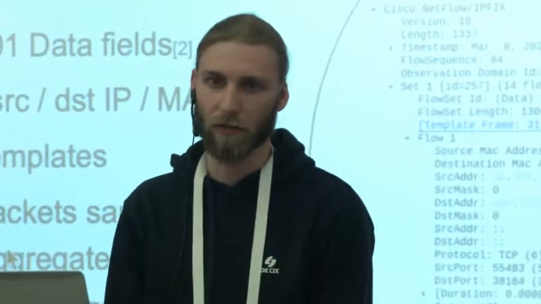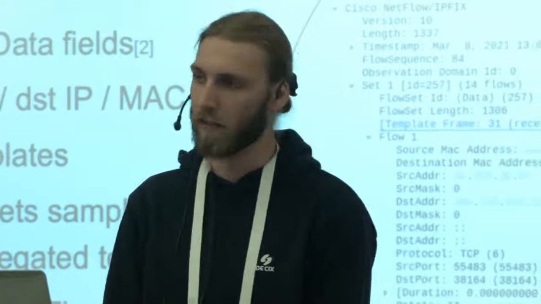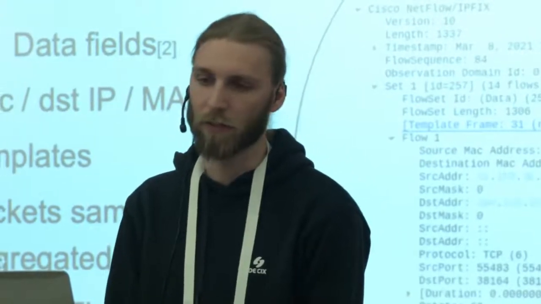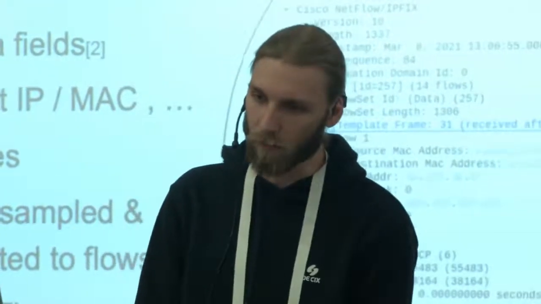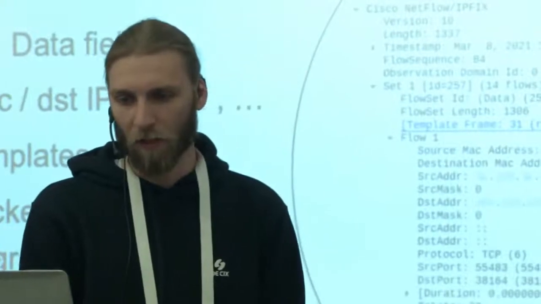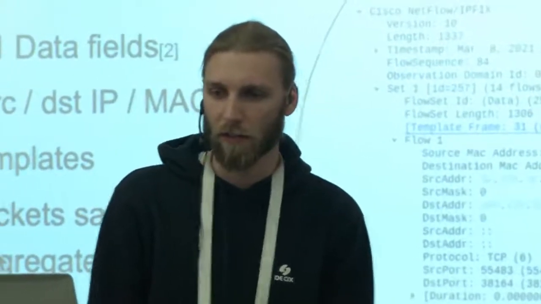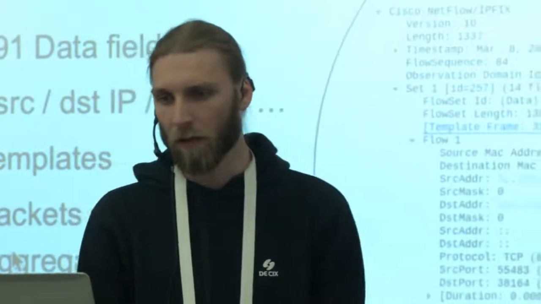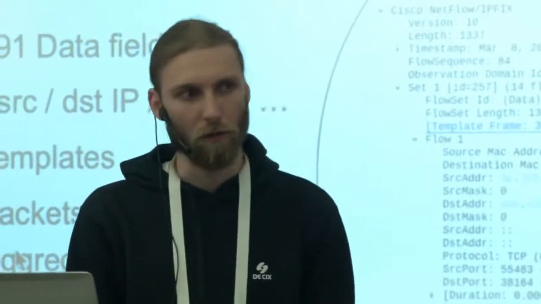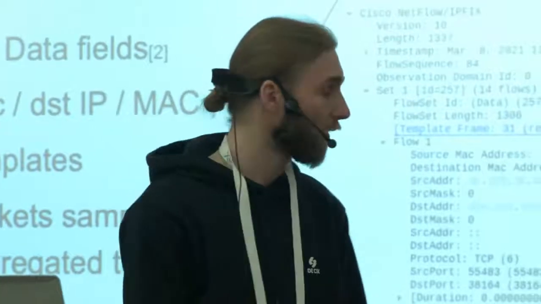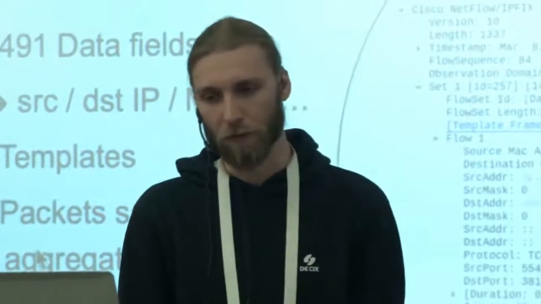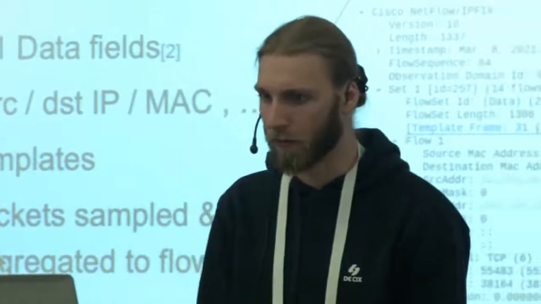Blue packets are carrying the actual data, and the yellow ones are the templates, which explain to the other side how to read the blue packets. As you can see on the screenshot here, there are multiple flows in a single packet, so they are wrapped into sets. On this screenshot, there are 14 flows being packed into one packet, which introduces kind of a difficult thing that I will dig into more later.